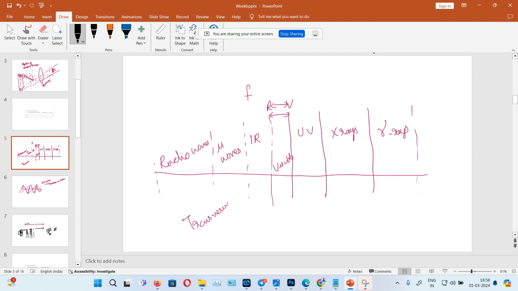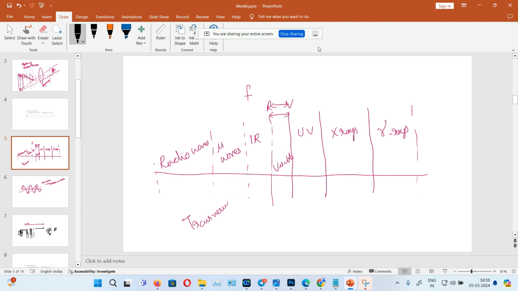So infra is a word we use to show below our detection level. Ultra means above our detection level. That's for our light or electromagnetic waves. So that's how ultraviolet as well as infrared came. Above violet it is ultraviolet, below red it is infrared.